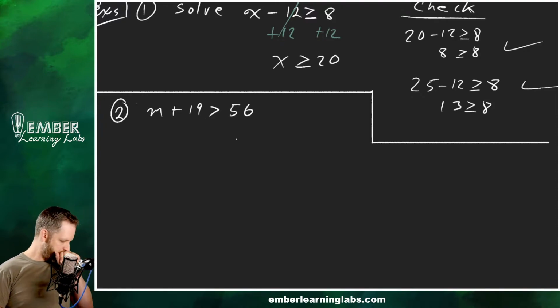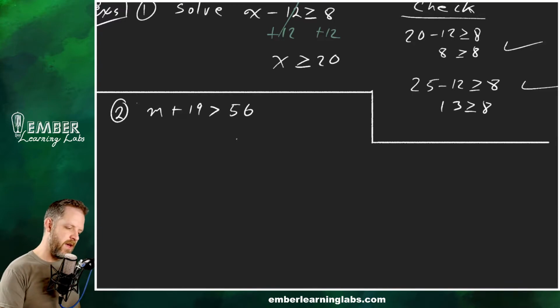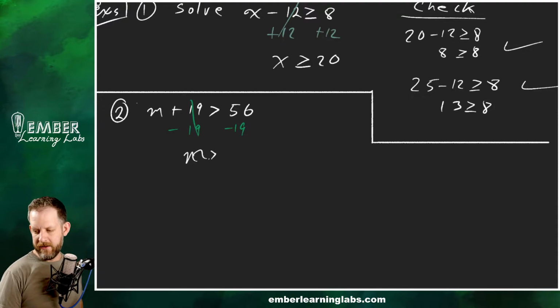Okay. So we're going to subtract 19 from both sides. Those cancel, leaving us with m is greater than 37.